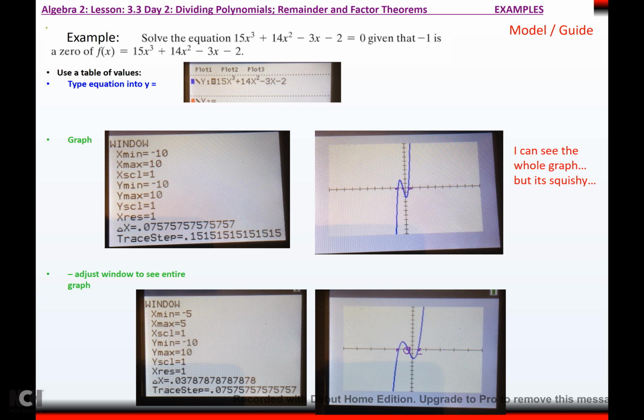Okay, so to figure out the other ones, again, you could go ahead and do the whole calculate zeros and do that. If you were doing it the way we did it last time, you would put -1 in the hole, 15, 14, -3, -2. 15 comes out, brings back -15, comes out -1, brings back +1, comes out -2, brings back +2, comes out 0.